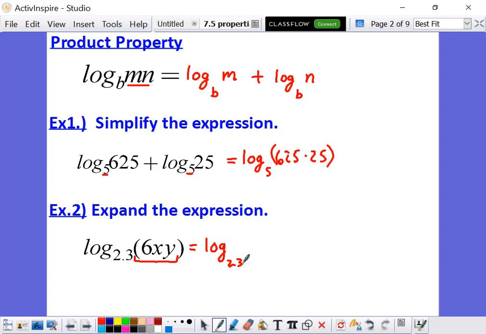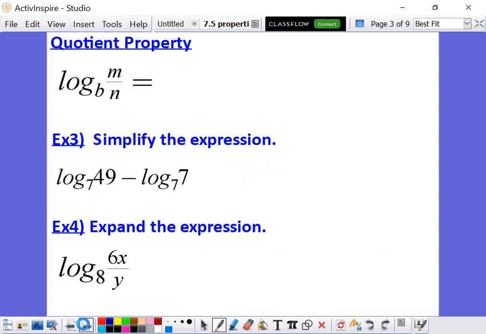So log base 2.3 of 6 plus log base 2.3 of x plus log base 2.3 of y. I split that into three separate logs, and they're all being added because I'm taking three things that are being multiplied here. Okay, this is called expansion. Keyword, expansion. The next property we're going to talk about is very similar but a little different.